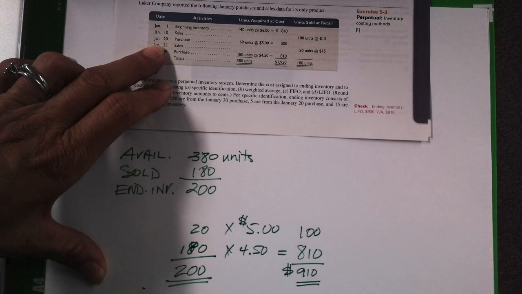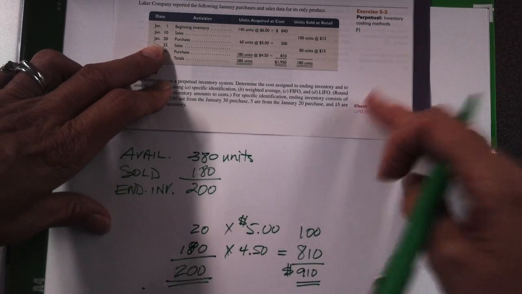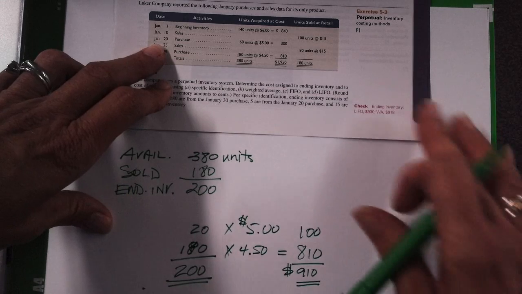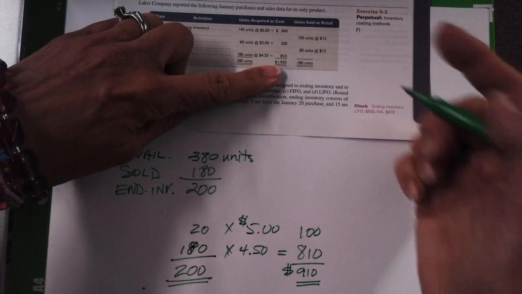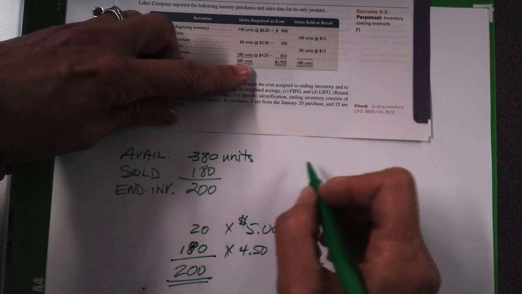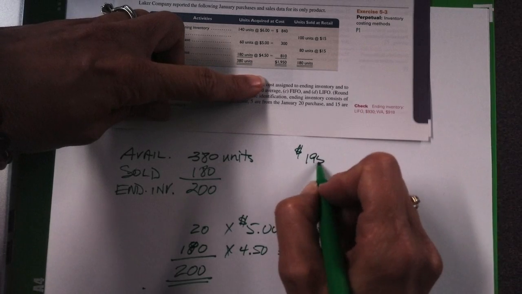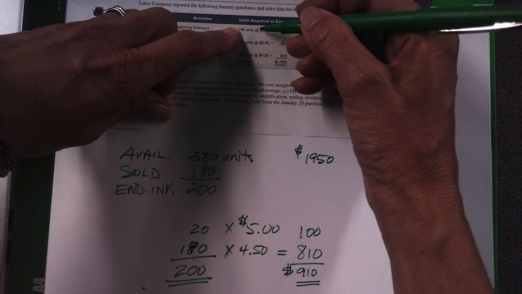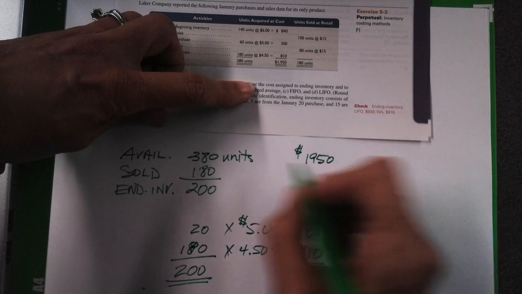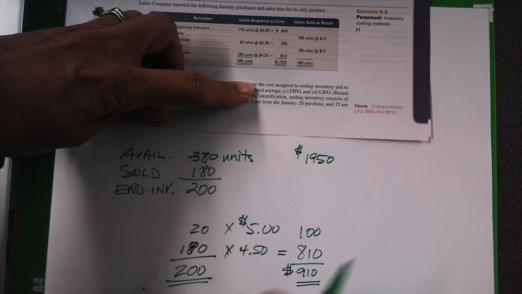These are dollars. Okay? Now, well, what would cost of goods sold be? I can calculate cost of goods sold two different ways. The first way is that I can go up here and pull off this 1950, because this 1950 goes along with all the units that we started with, 140 plus all the units that we purchased. And so that's my available goods, just like here. Okay?